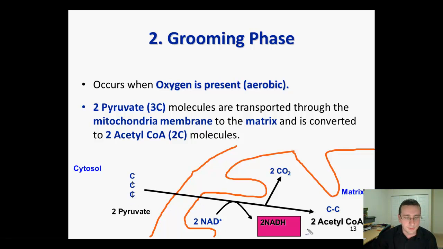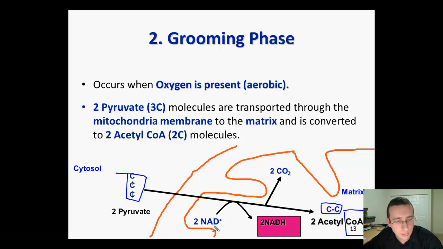And in the process, it's going to be converted into acetyl-CoA. Now, CoA is basically a coenzyme that's going to facilitate the initiation of the Krebs cycle, and acetyl is a 2-carbon molecule. So you're going to go from a 3-carbon molecule to a 2-carbon molecule, which means carbon dioxide was produced. And since you have 2 pyruvates, you're going to make 2 carbon dioxides.